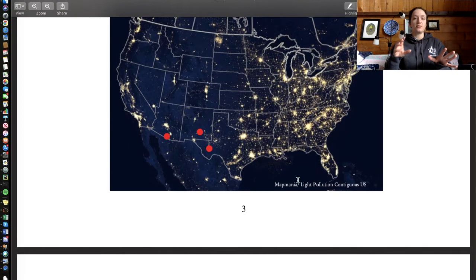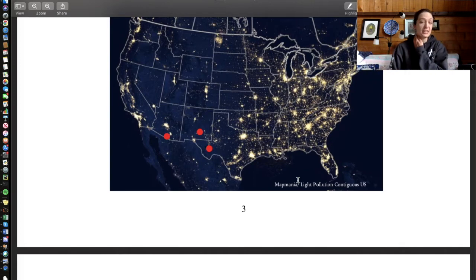So each of these bright dots is where a major metropolitan city is. So you can see that there are some really bright bands in California, and the East Coast from about the middle of the United States over to the east is really heavily populated with people.